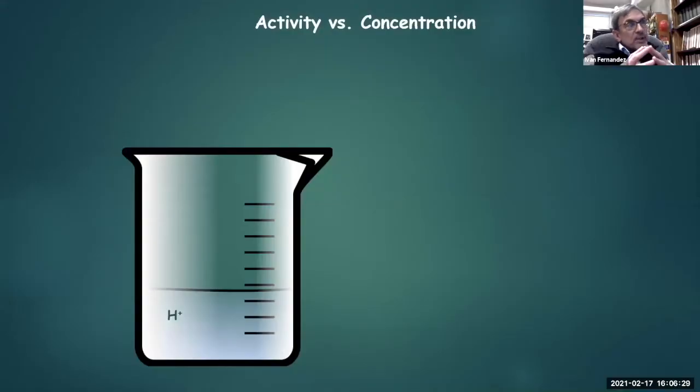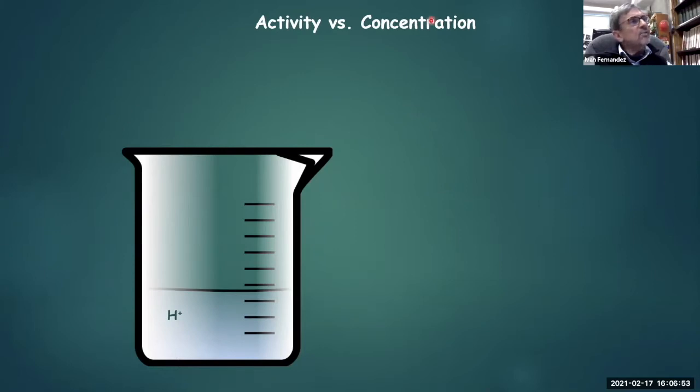But the difference between concentration and activity is important in some of the chemical world and some of the biological world. A pH measurement actually is a measurement of activity, not concentration, although for practical purposes, either one works. And so what's the difference between them?